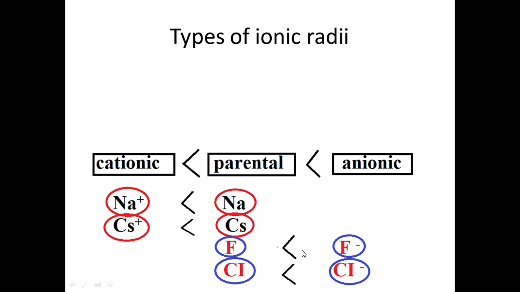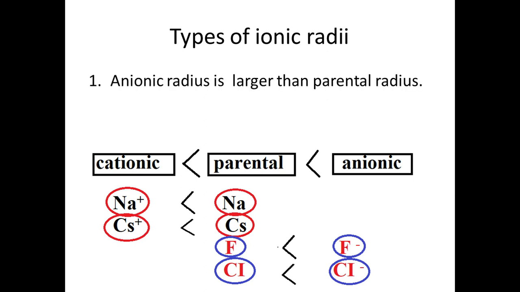But in contrast, the fluoride ion has a greater radius than the fluorine atom, and the chloride ion has a larger radius than the chlorine parental atom. So the common trend is that anionic radius is the largest, then parental radius, and parental radius is greater than cationic radius.